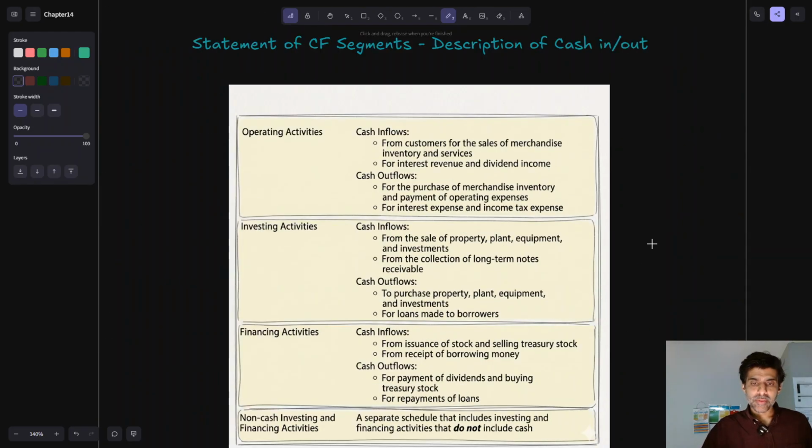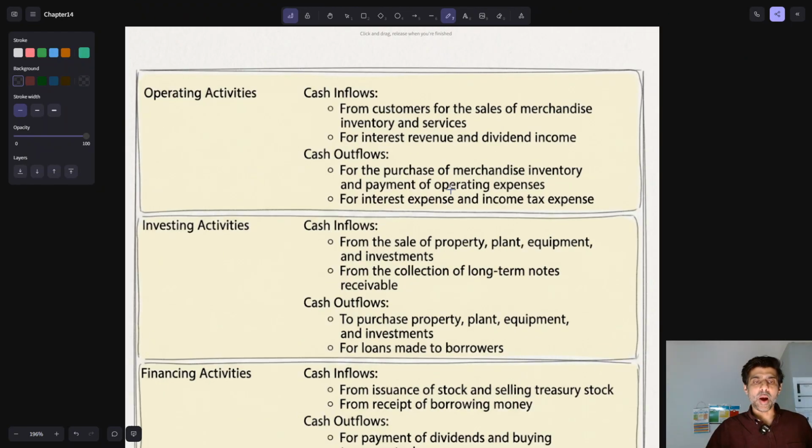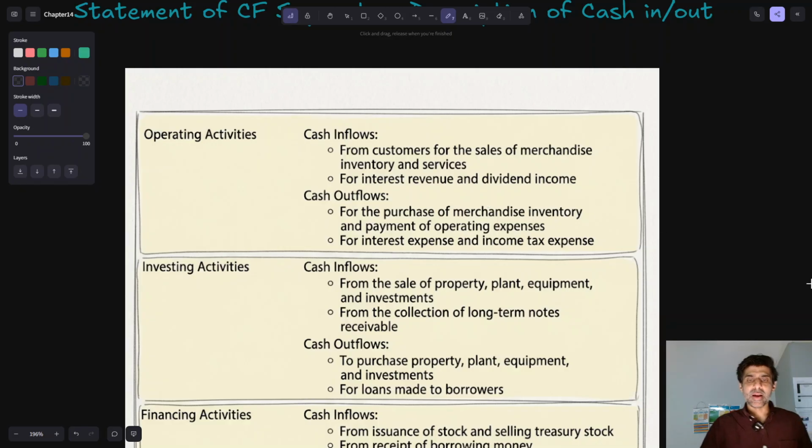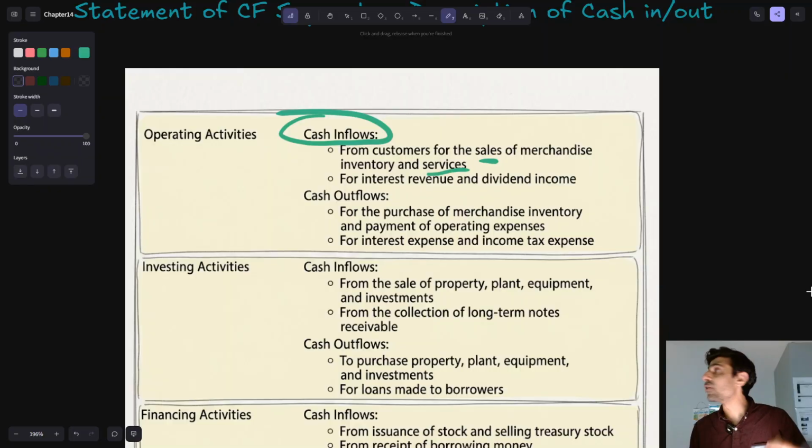Okay. So just what each of these sections represents. The operating activities section, the cash coming in is going to be from sales of merchandise and inventory or sales of services. But remember, sometimes we're selling this stuff for cash, sometimes we're selling it on credit and we have accounts receivable. So it's only looking at the cash coming in.